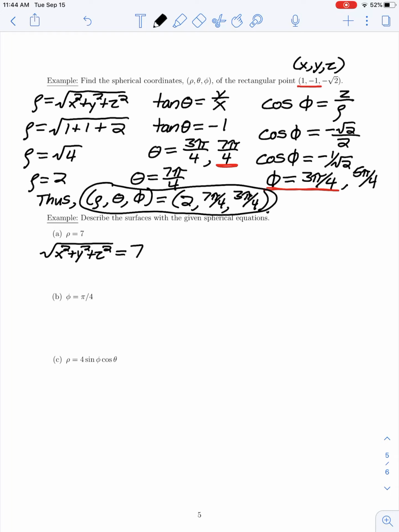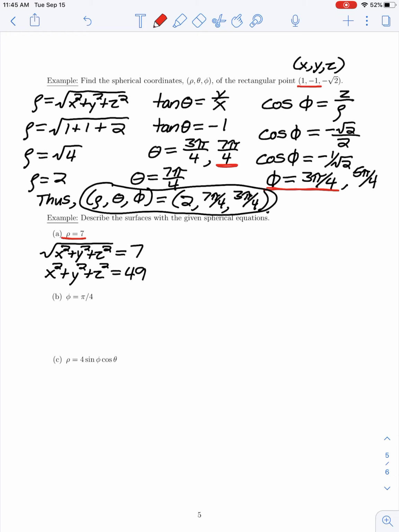So if that's equal to 7, then squaring both sides of this equation would give us x squared plus y squared plus z squared is 49. And we can recognize this equation as the standard form for the equation of a sphere centered at the origin of radius 7.